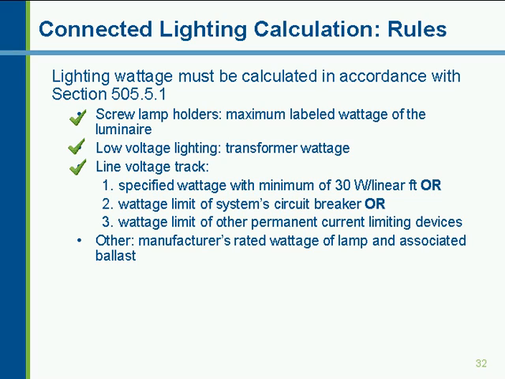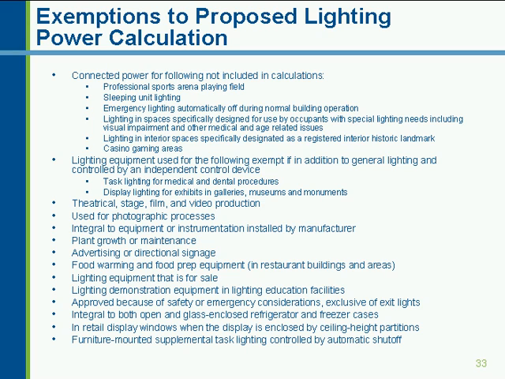And these are commercial devices that are permanently installed on a piece of track or a set of track. You can use either of those to calculate the line voltage track. If you have other types of luminaires and lighting, it's the manufacturer's rated wattage of the lamp plus ballast. You have to include ballast when you have a lamp plus ballast system. So these are the rules you have to use to calculate your installed lighting power.